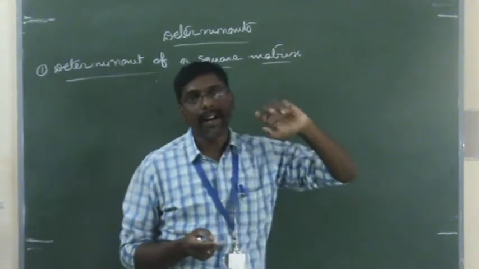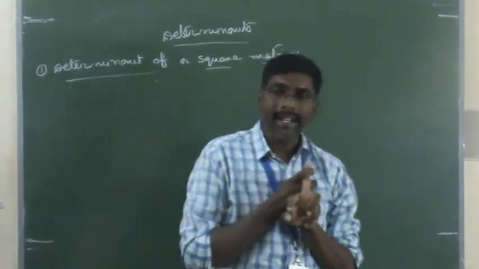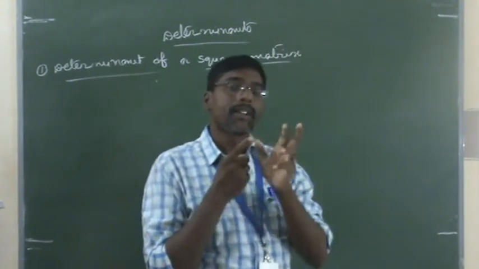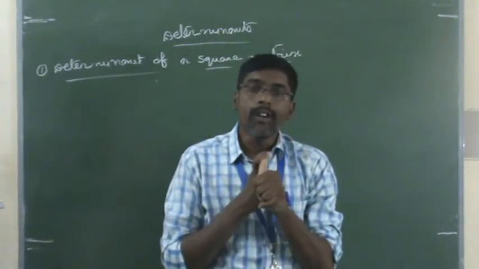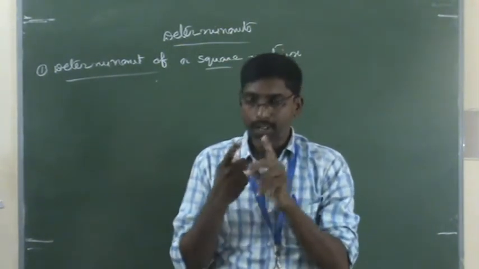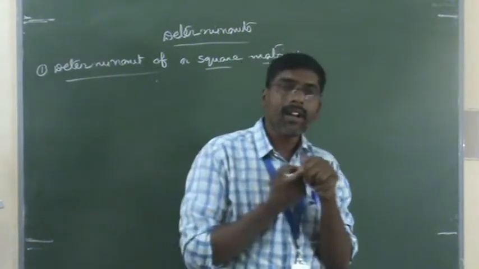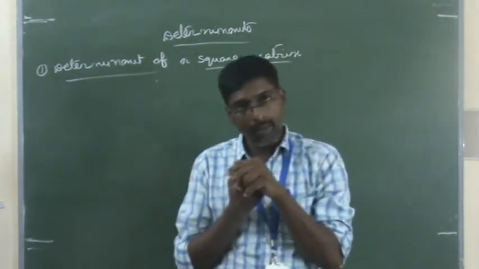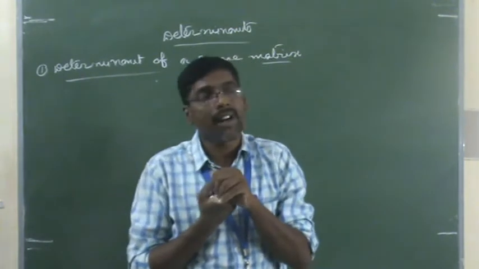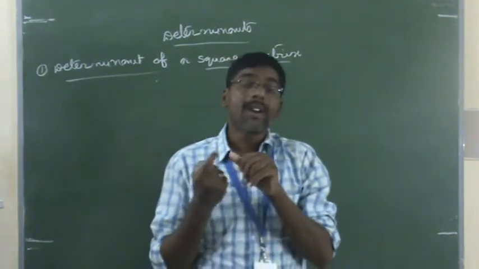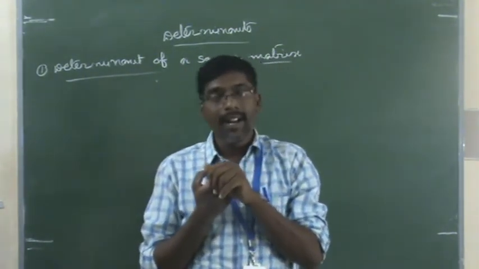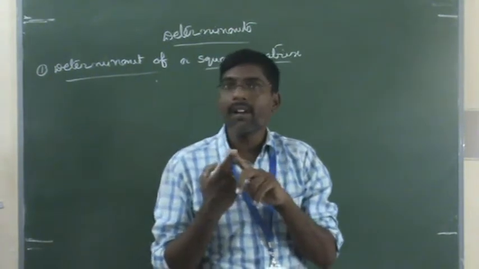Square matrices include the 2 by 2 matrix and the 3 by 3 matrix. A 2 by 2 matrix means the number of rows is 2 and the number of columns is 2. It's a square matrix of order 2. A 3 by 3 matrix means the number of rows is 3 and the number of columns is 3.